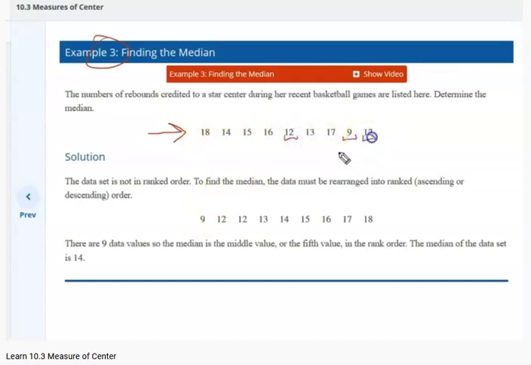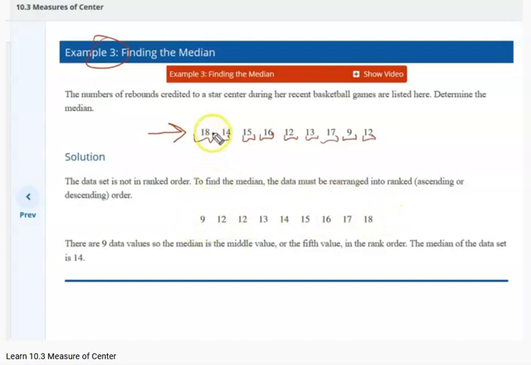Well, there are 2 12s, so you put those together. Then you see the 13, 14, 15, 16, 17, 18. So it takes a little bit of time manually putting them in the lineup from lowest to highest.